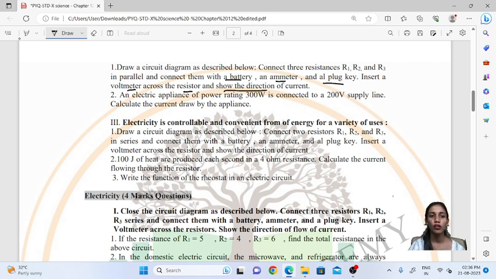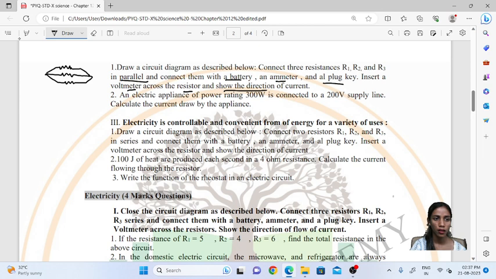Now the main thing you have to pay attention to is the arrangement of the resistors, which is in parallel. So how do we start? First of all, we will make the arrangement of the parallel circuit. Okay. So this is R1, R2.